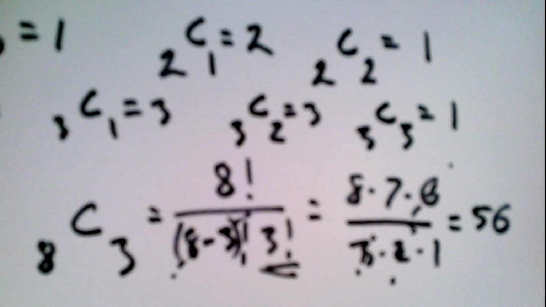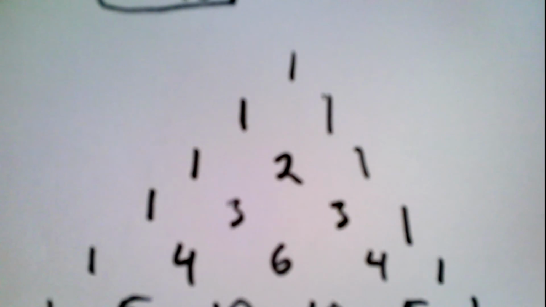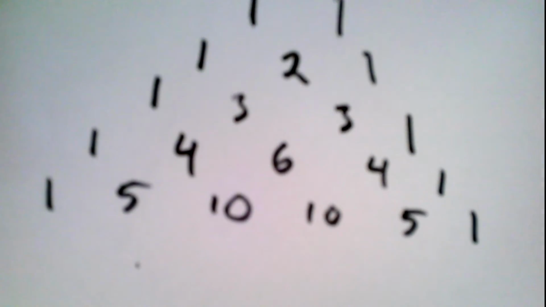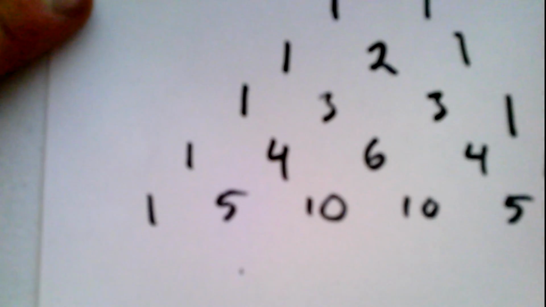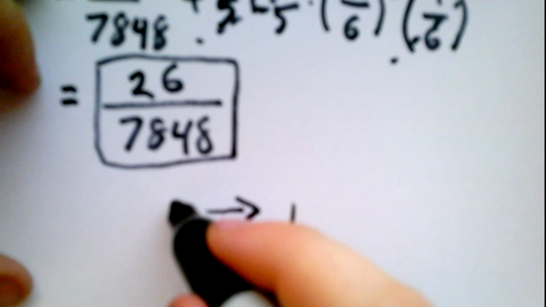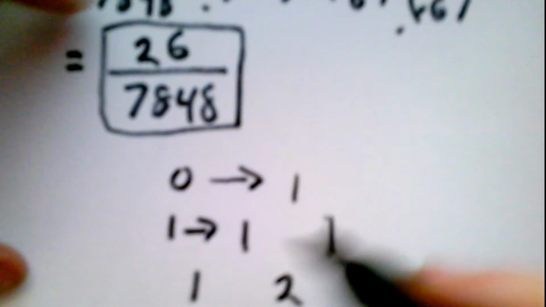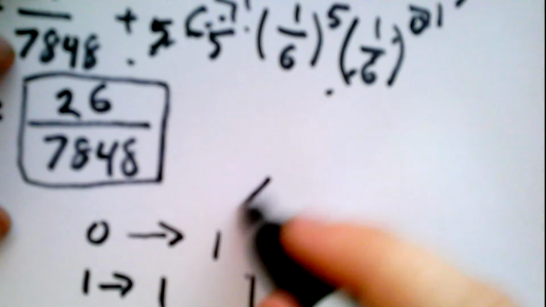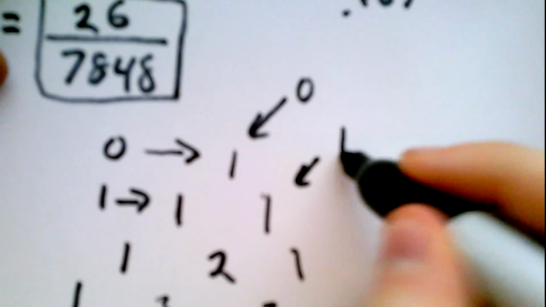Now let's go to our little tiny Pascal Christmas tree and continue it until we get to the 8th row. Notice that this is the 0 row, and then this is the 1st row. Just like this is the 0 column. The columns are on diagonals, but that's fine. This is the 1st.